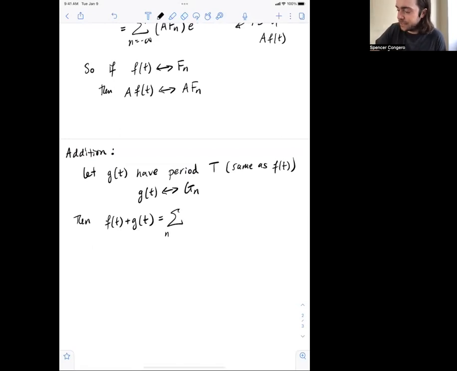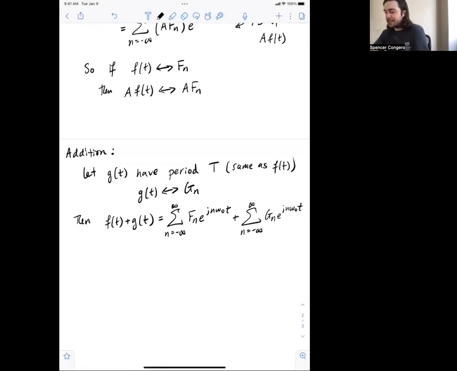So I'll write their Fourier series out. f sub n e to the j n omega naught t. And then here's the one for g, g sub n e to the j n omega naught t. And now I want to combine these sums, and I can do that. You can see here is where we're using that g has the same period, because that would mean they have the same fundamental frequency.